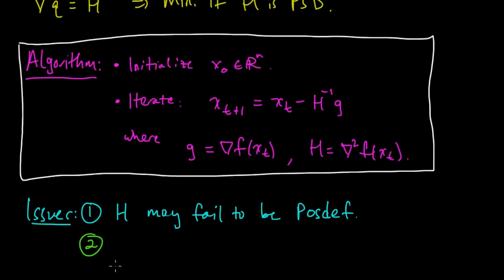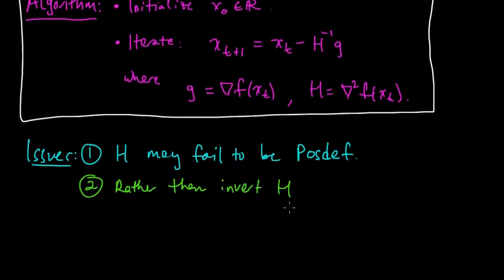Another issue, and this is actually something that you might always want to do, is that rather than invert h directly, you can solve the equation hy equals g for y.